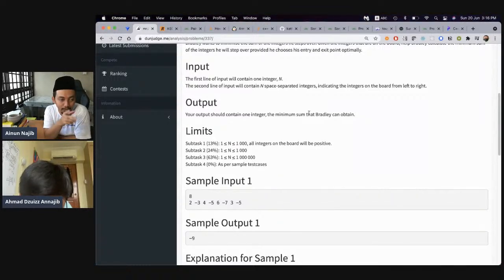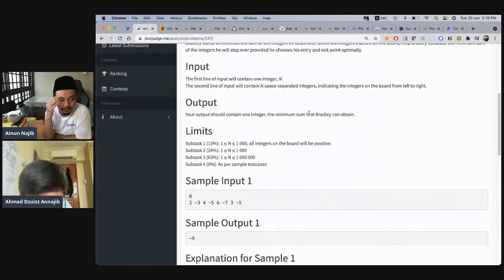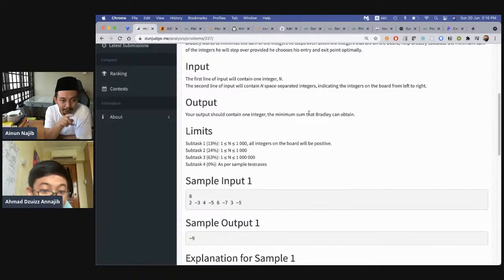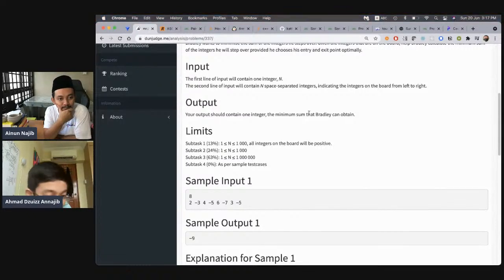Instead of exiting at -3, you continued one step to 4, and then exit at 4. That means the best exit, if you have to exit at 4, is the minimum between 4 itself and 4 plus the previous one. You get the logic? No.